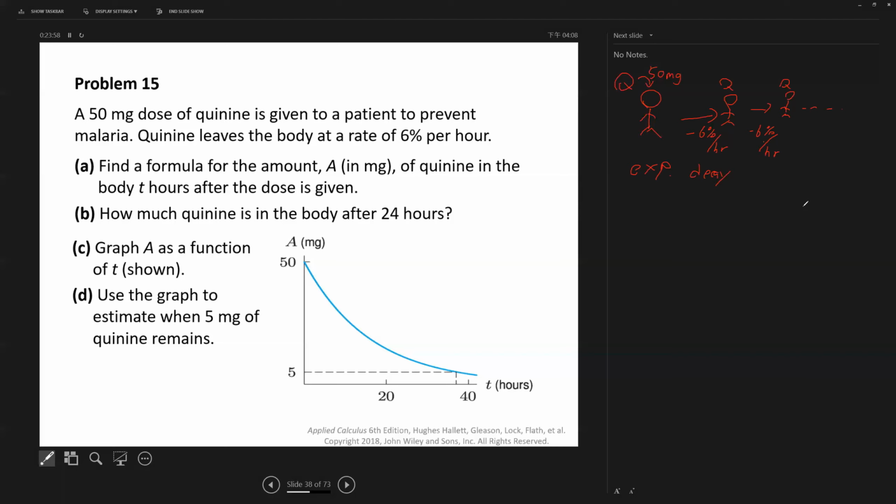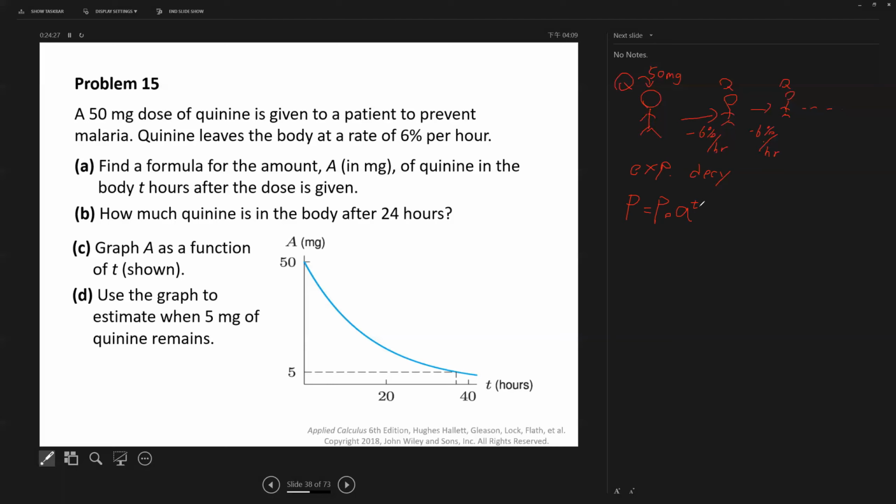That's kind of dumb, but yeah, it is. So what we're going to be using is the standard function that we looked at earlier, capital P is equal to P naught a to the power of t.